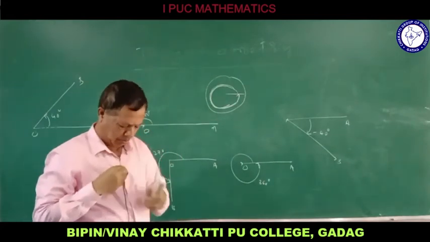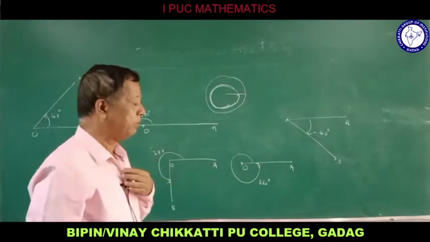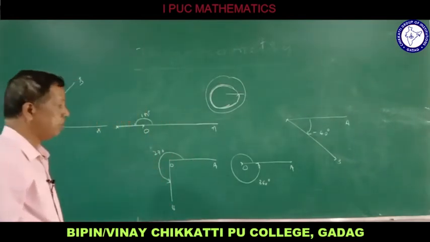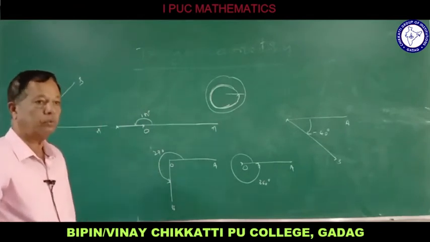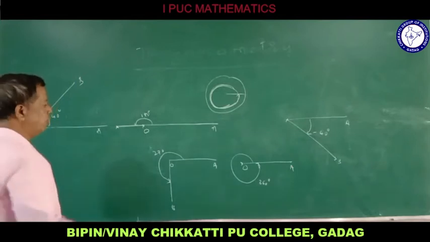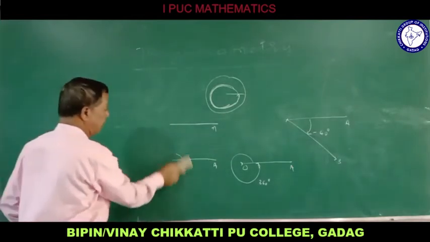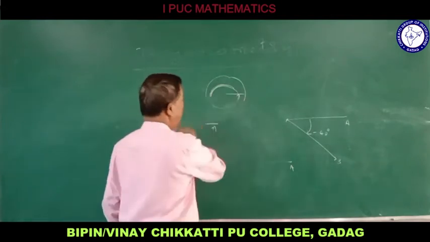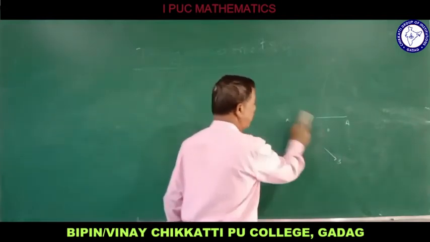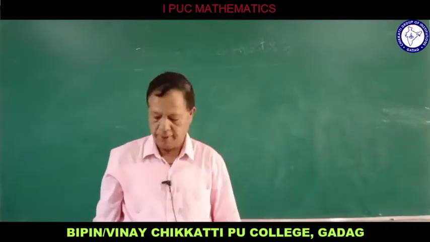It is nothing but a degree. So now we say that degree is nothing but 1 by 360th part of one revolution of a circle. And these are the diagrams which you can see, how we represent geometrically negative or positive angles.